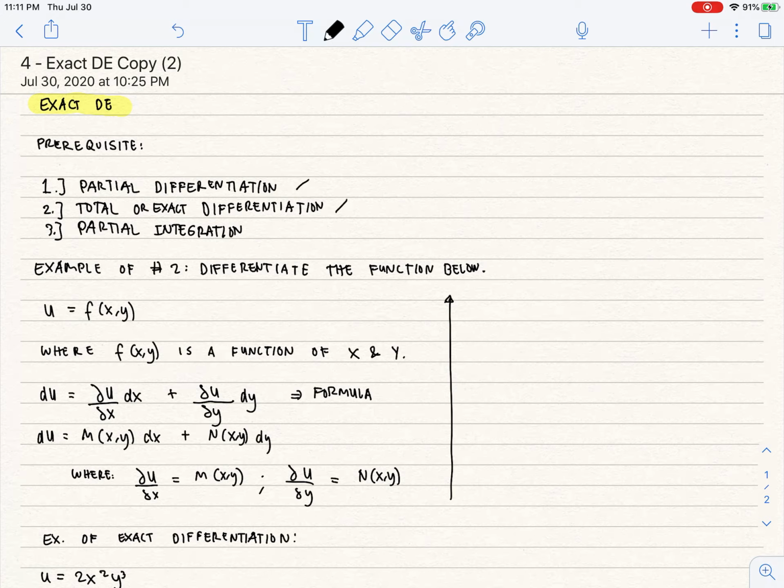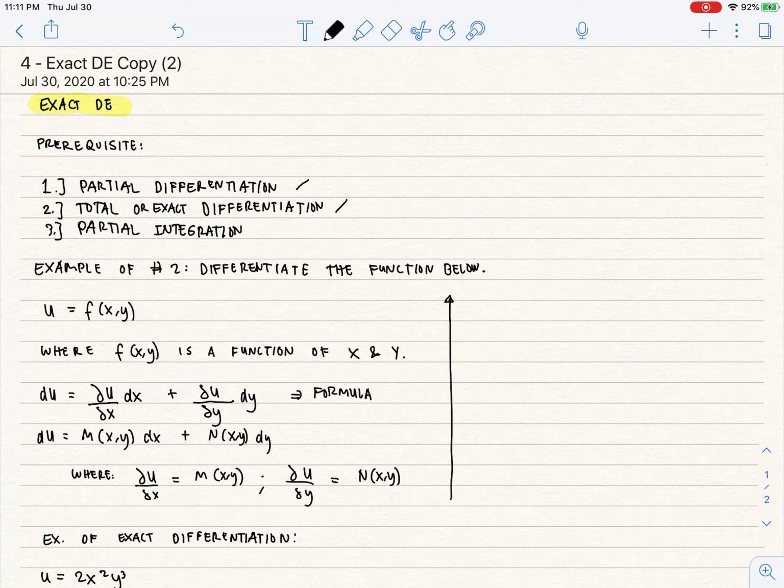So, murag wala ata naabot diri pero ang concept niya is the same with the partial differentiation.